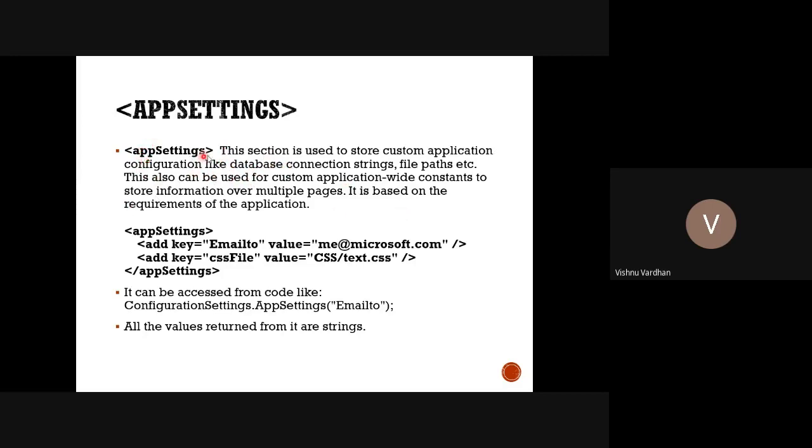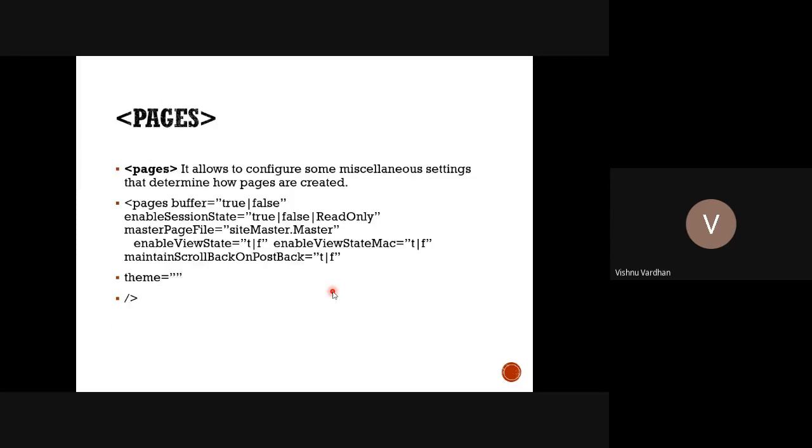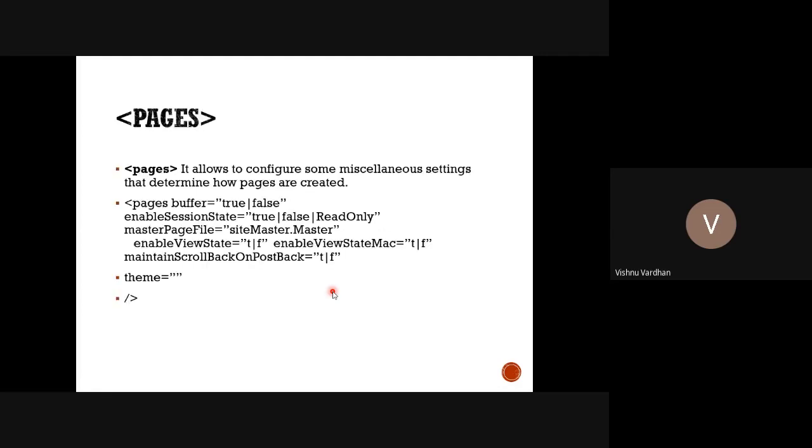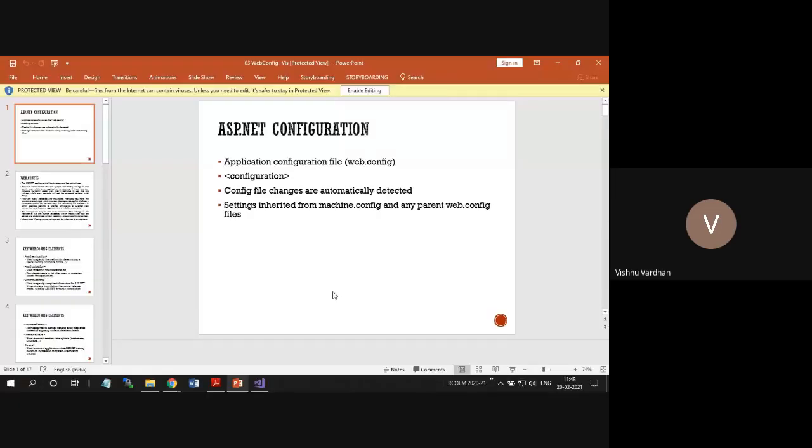So they are not dealing with the web server, they are only for your business logic. Okay, business logic के point of view इसको कैसे use करेंगे वो हम देखेंगे. Then pages, connection strings. So not only these, we have so many sections that are available. That we have completed the web.config file.